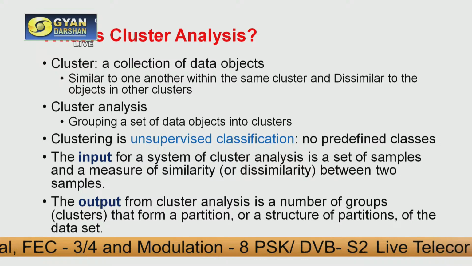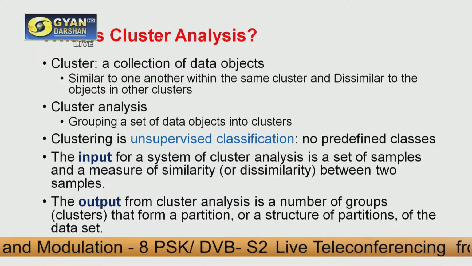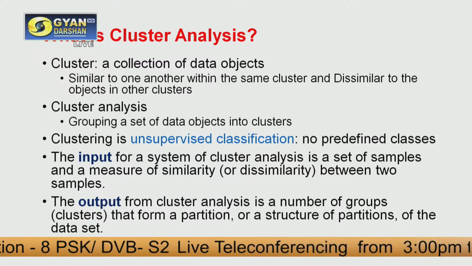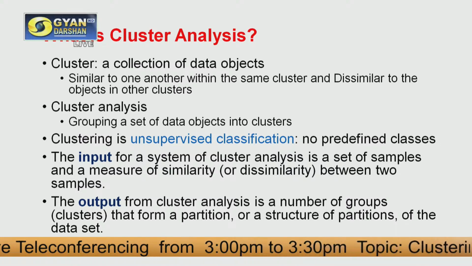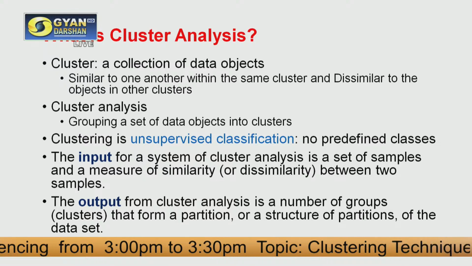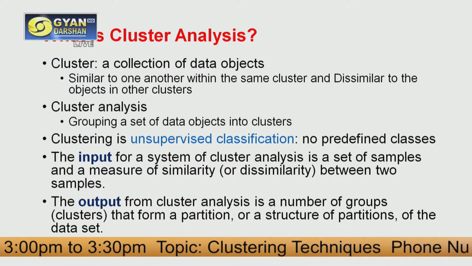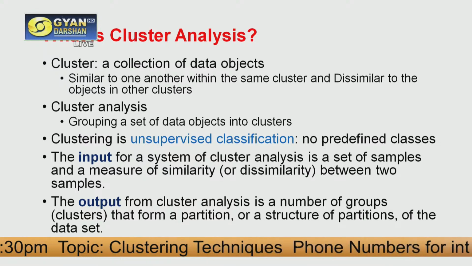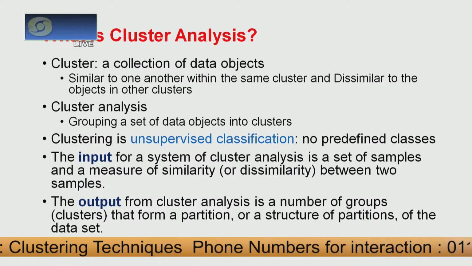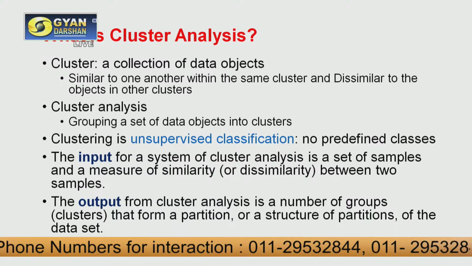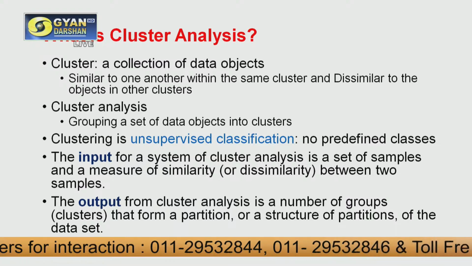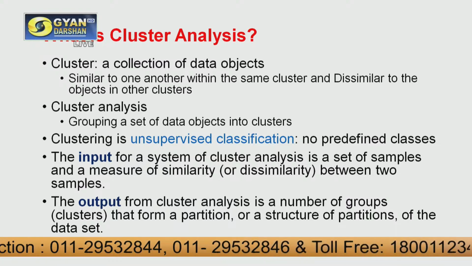So what are the two inputs the user has to give? Input one is the number of clusters, and the other is the data set. The output is the number of clusters you form based on the similarity measures you take.